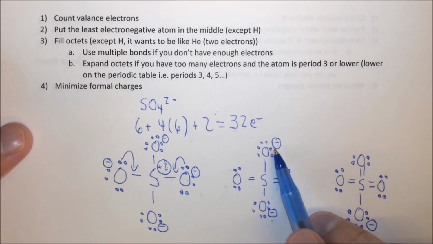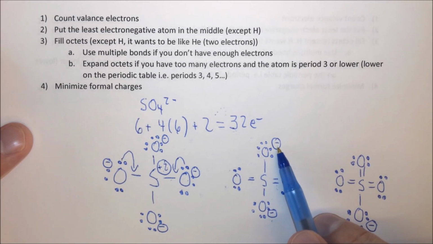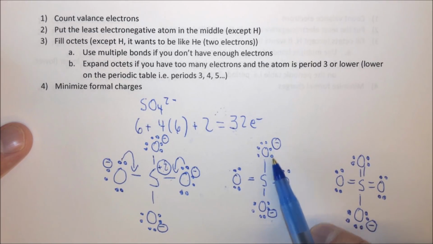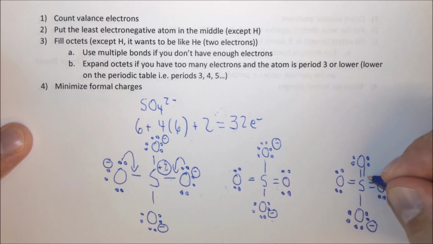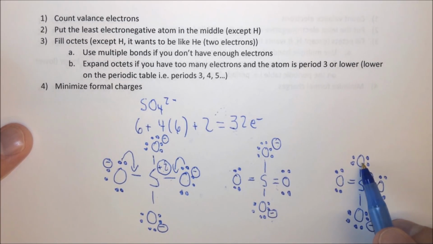Now, if you take the minus charge on oxygen and you move two of these electrons into a double bond, it means that this oxygen is now going to have a 0 formal charge. And this sulfur is going to have a negative formal charge because I've put an additional electron around it. Let's check and make sure that that's true. So this oxygen was formerly negative, and then I move the electron into a double bond.